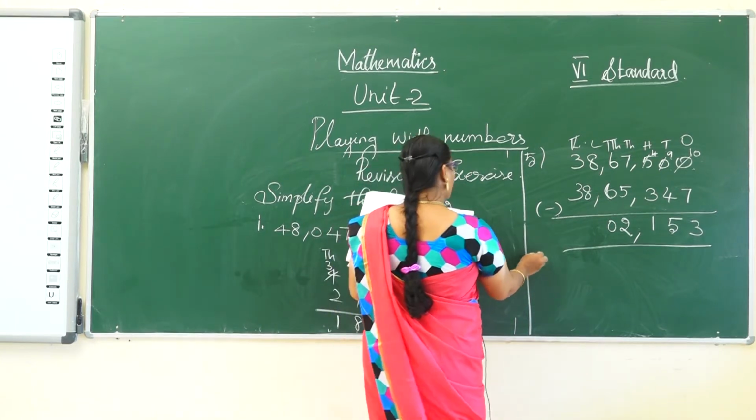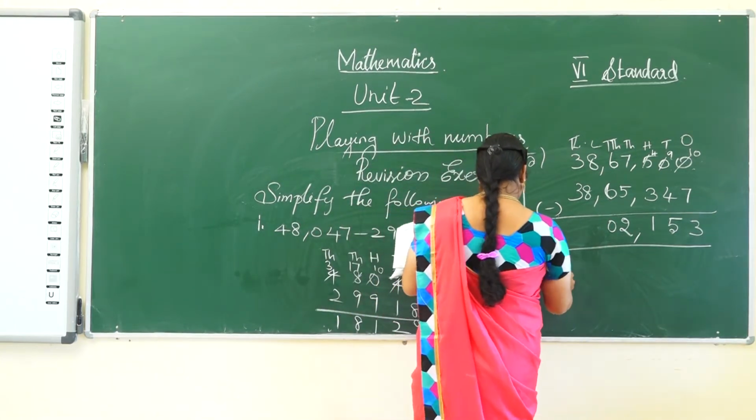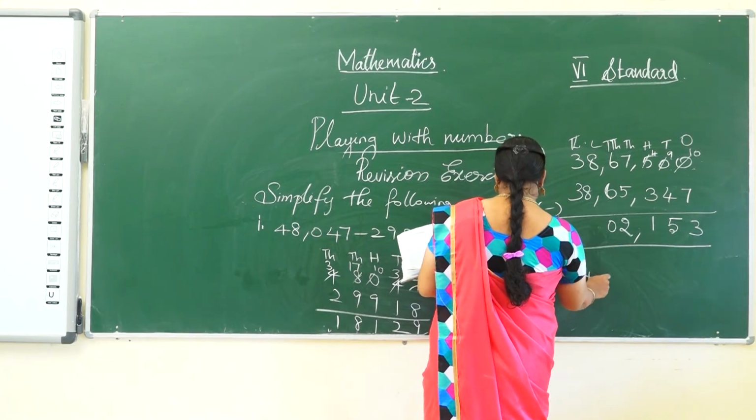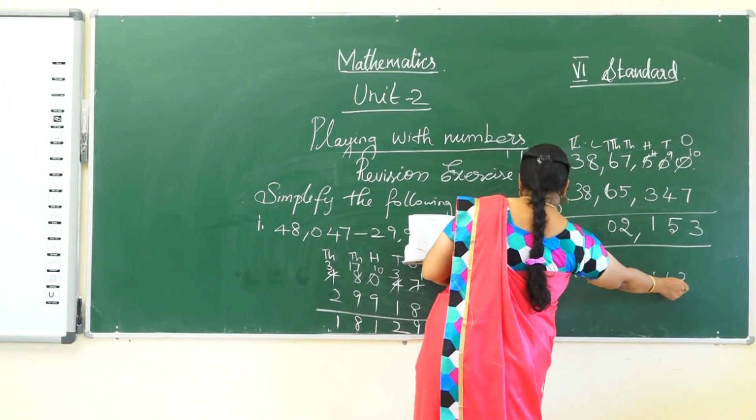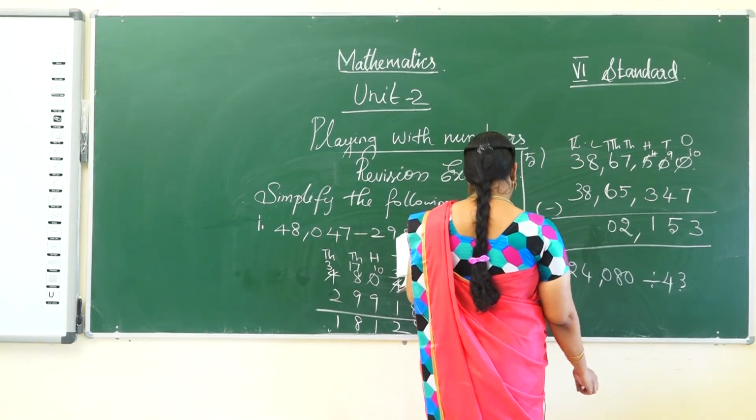Now see the eighth problem: 24,080 divided by 43 is given.